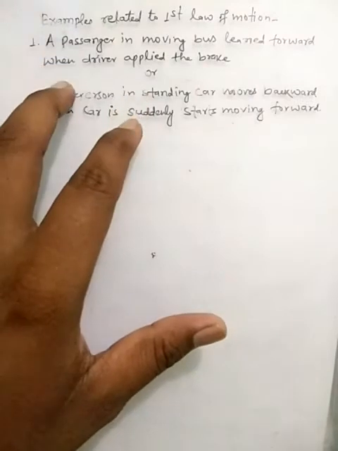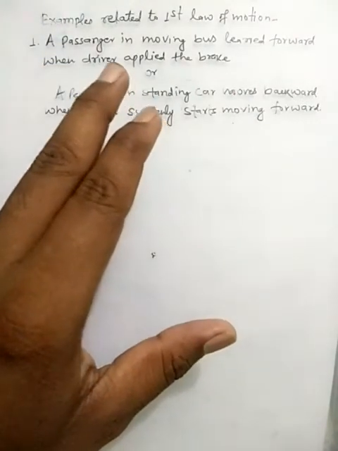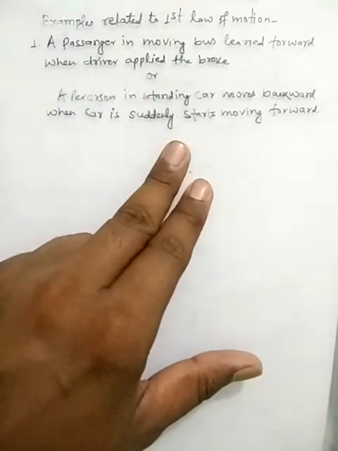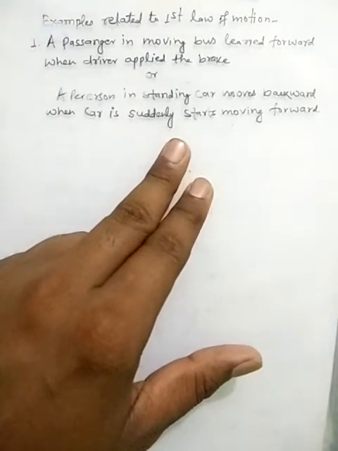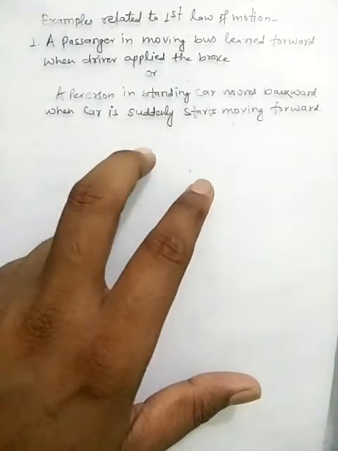Now we will discuss some examples related to the first law of motion. The first example: a passenger in a moving bus leans forward when the driver applies the brakes.